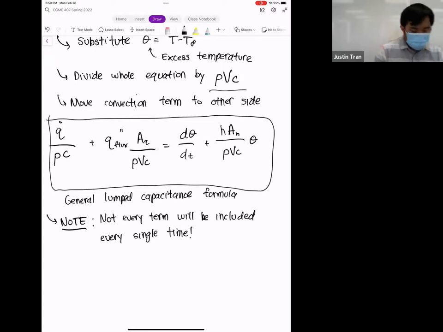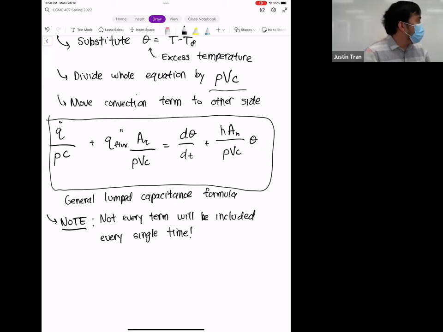There's going to be some situations where we have thermal generation, but maybe we don't have any heat flux, or some situations where we have heat flux, but no generation. So make sure you read the problem carefully to see what options you have, because it's going to be very rare that you have all of these happening at the same time.